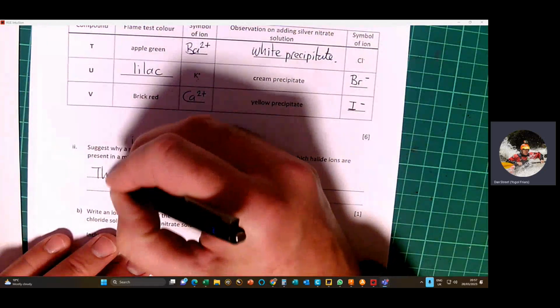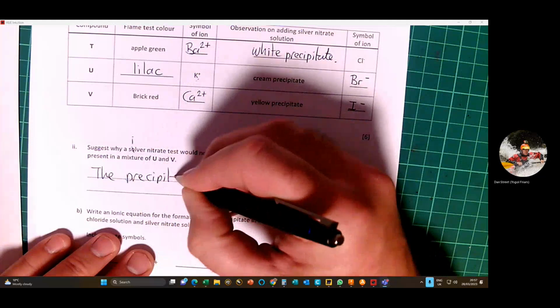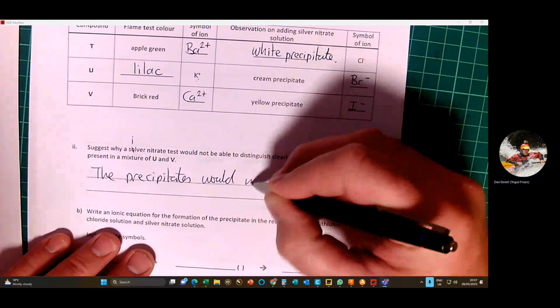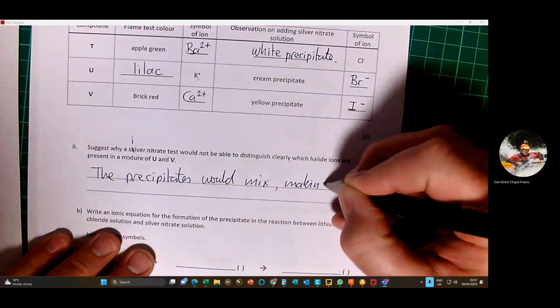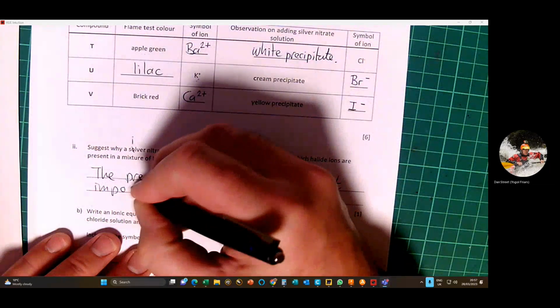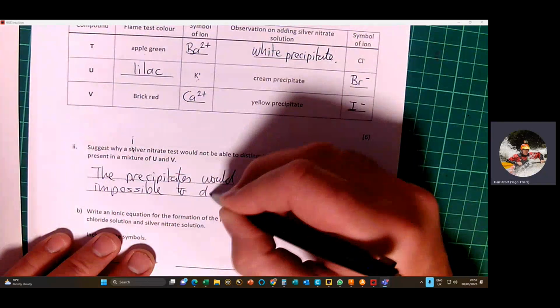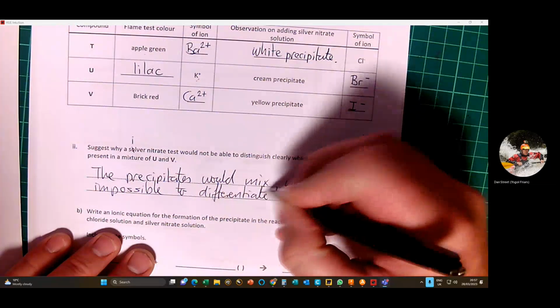Okay, so the precipitates would mix, making it impossible to differentiate between the two.